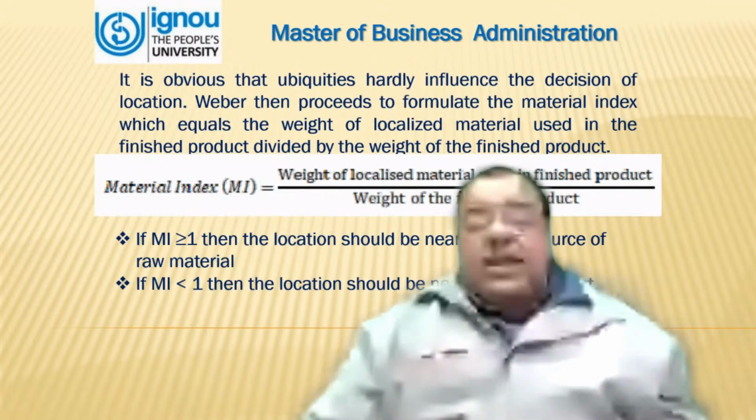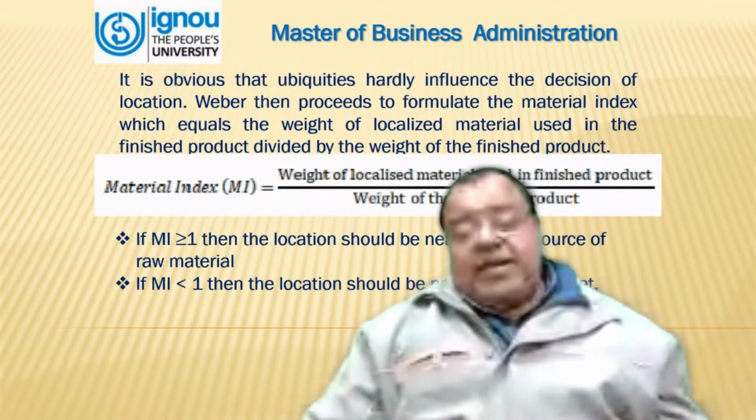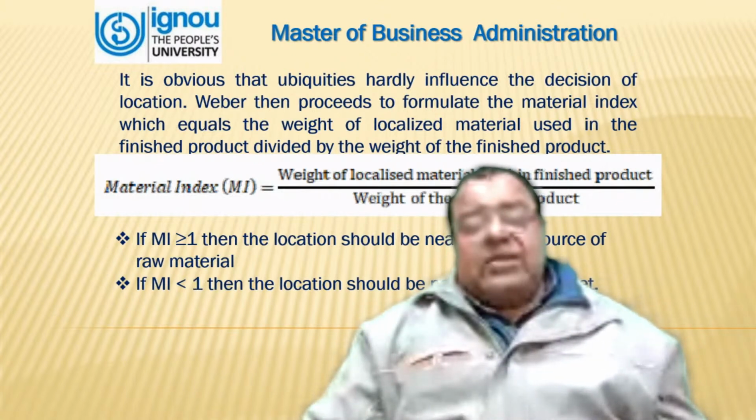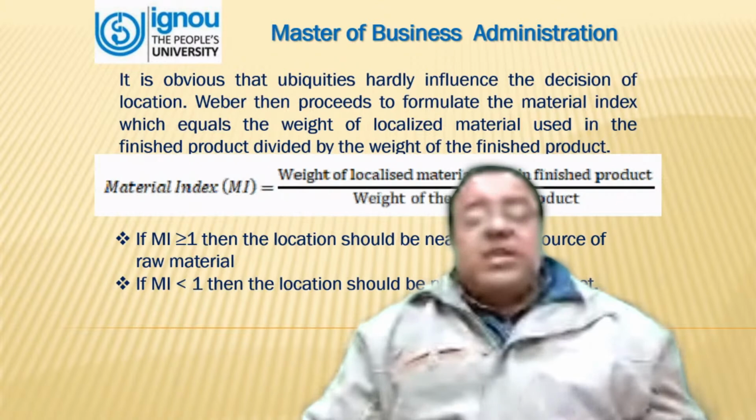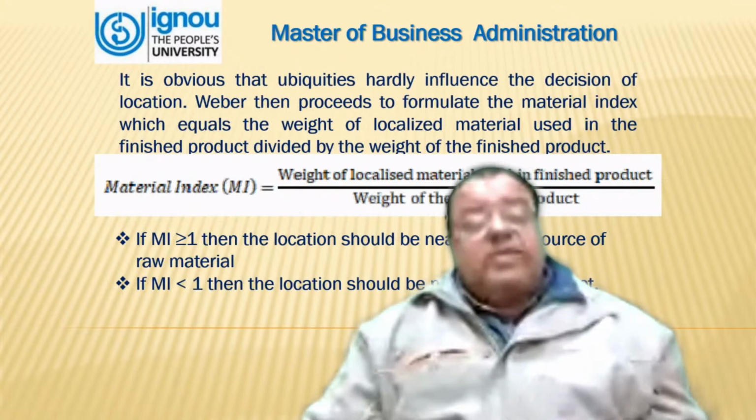Weber then proceeds to formulate the material index, which equals the weight of localized material used in the finished product divided by the weight of the finished product.